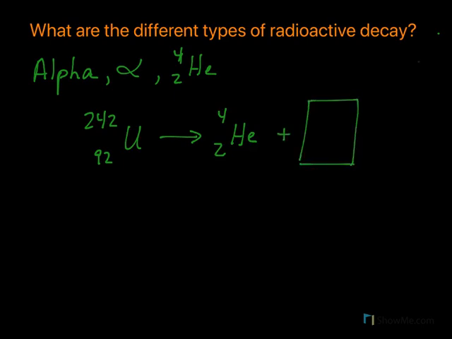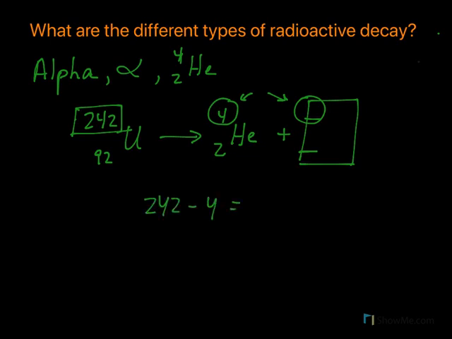To figure that other element out, we have to make sure that its atomic mass, when added to 4, must equal 242. So obviously our element is going to be 242 minus 4, so this will be 238.